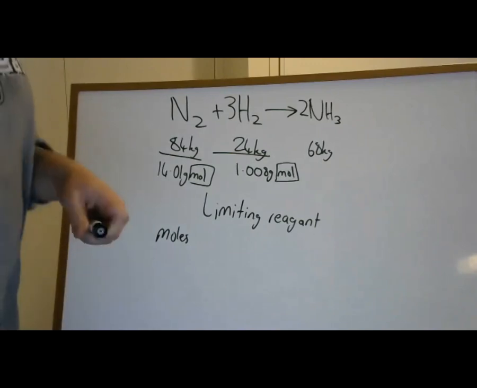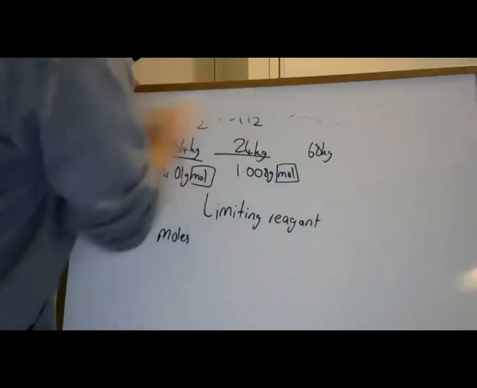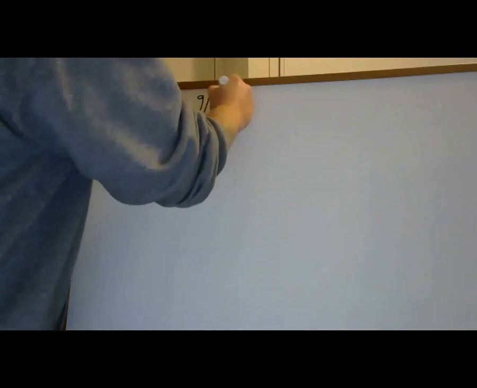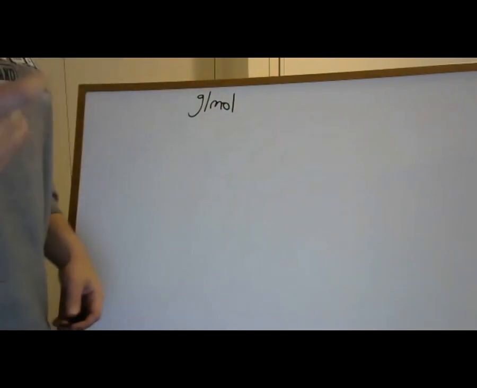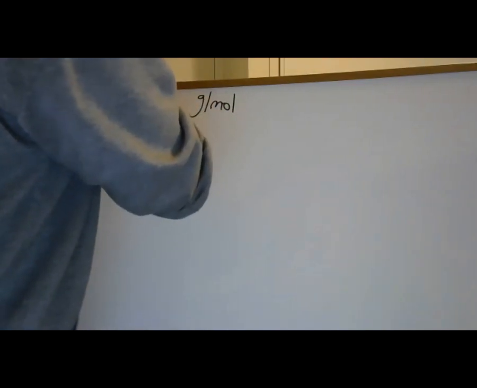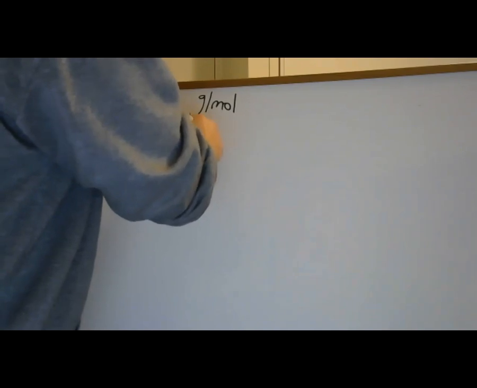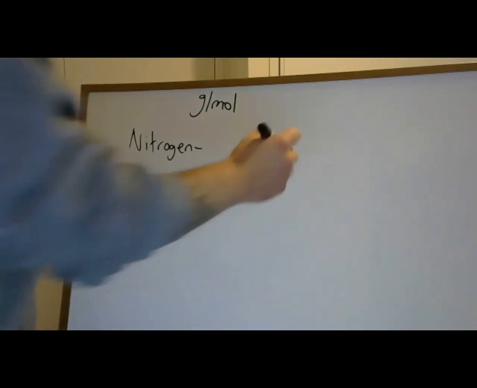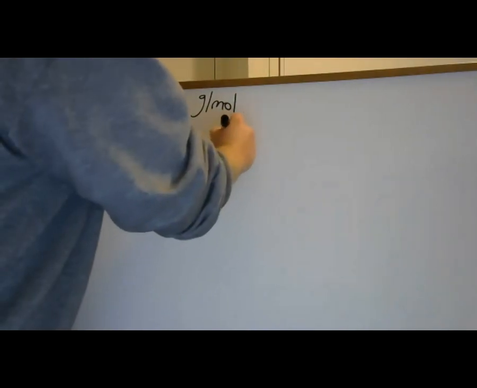So, the atomic mass unit on the periodic table is in grams per mole. So we have to convert kilograms into grams. So let's do nitrogen first. 84,000 grams.